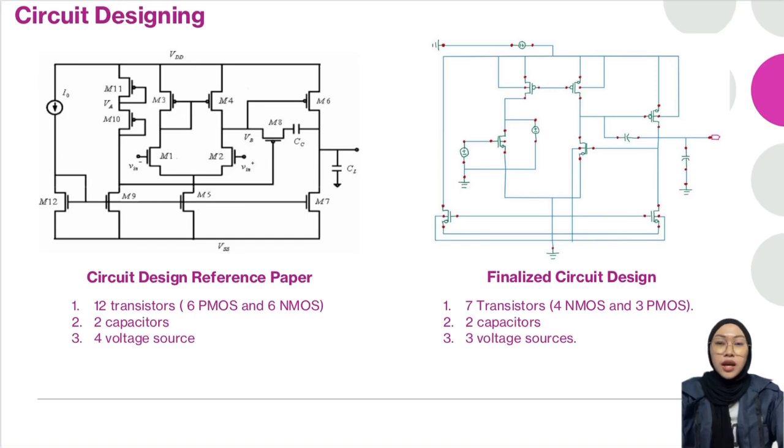In contrast, the finalized circuit design has been optimized to include 7 transistors, which is 4 NMOS and 3 PMOS, 2 capacitors and 3 voltage sources, achieving a simpler and more efficient design. This refinement focuses on reducing complexity while maintaining the functionality, enabling better performance and easier integration in practical application.